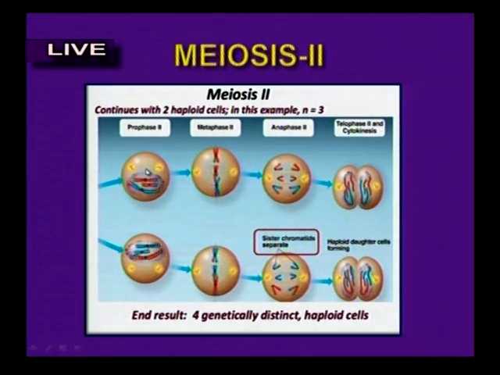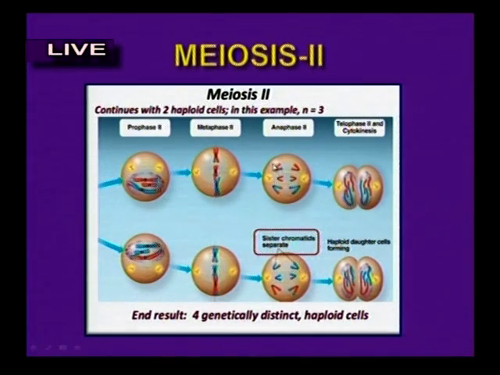In prophase 2 the nuclear envelope disappears, and the chromosomes are condensed. They move to the polar region, and the centrioles move to the polar region. This is prophase 2. Listen friends, this prophase 2 is similar to prophase 1.